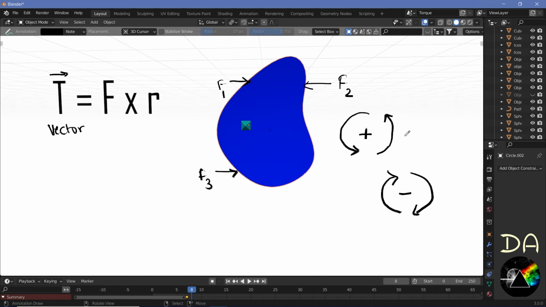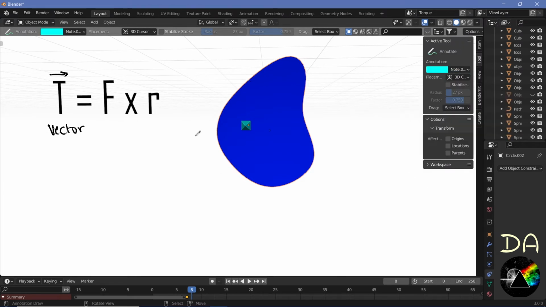In fact, we could do all of it color-coded. So the forces that would contribute towards a positive torque would be forces that are acting over here and over here, whereas forces that are acting here and here would be negative.